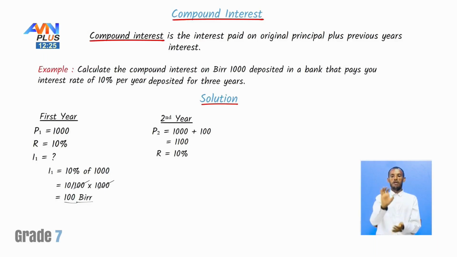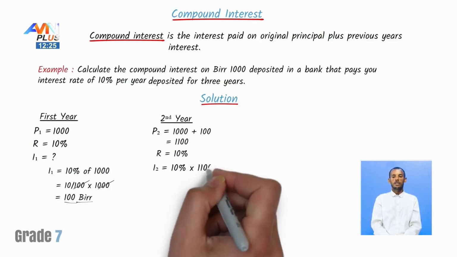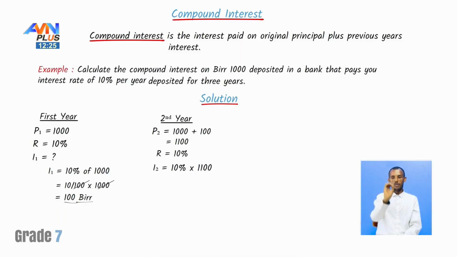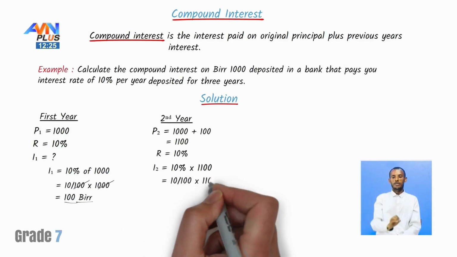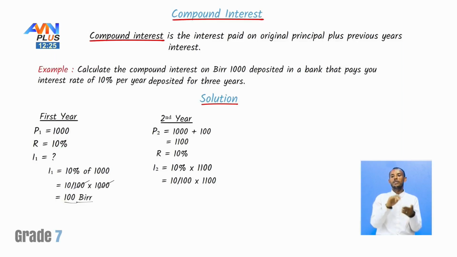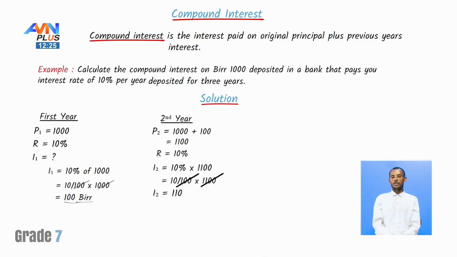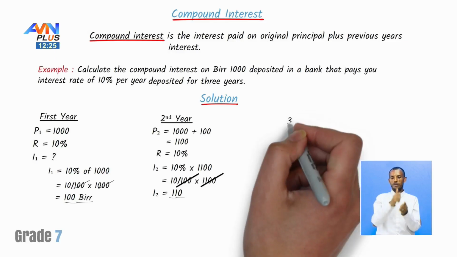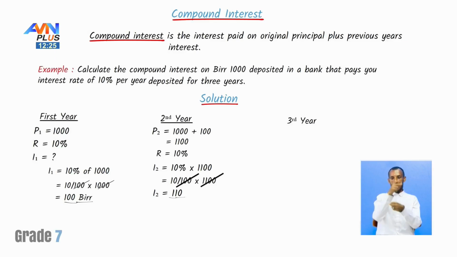So, this is the money that gives you an interest for the second year. The rate is the same, 10%. The interest for the second year will be 10% of this principal, 1,100. So here, 10% is 10 over 100 times 1,100. Therefore, these two zeros cancel out, 11 times 10 is 110. This will be the interest for the second year.